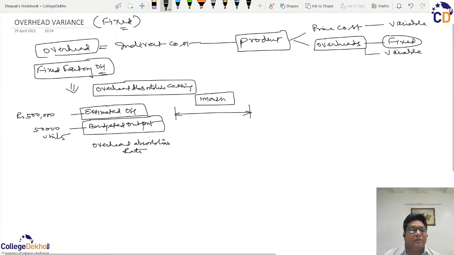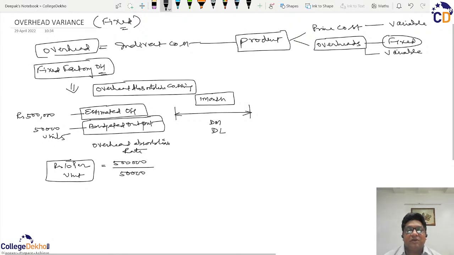So this overhead absorption rate will be 5 lakhs total overheads to be covered by 50,000 units, which denotes that rupees 10 per unit is the overhead absorption rate. So whenever the product is actually produced during the month, we can easily estimate its direct material cost based on the basic formula, quantity into rate.